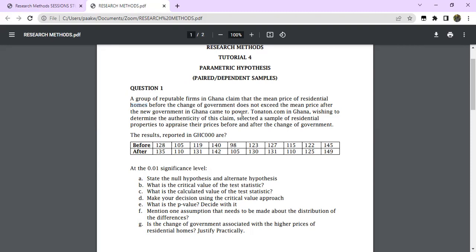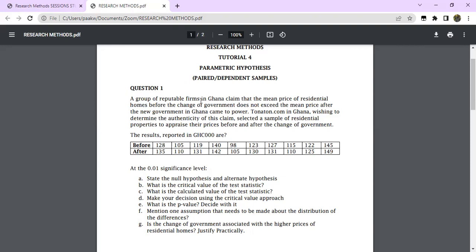So this one is talking about what? Before and after. And it's talking about the mean price of residential homes. So they are trying to say that before the change of government, there were certain prices, and after the change of government, there were also certain prices. So the claim is saying that the price before the change of government does not exceed.